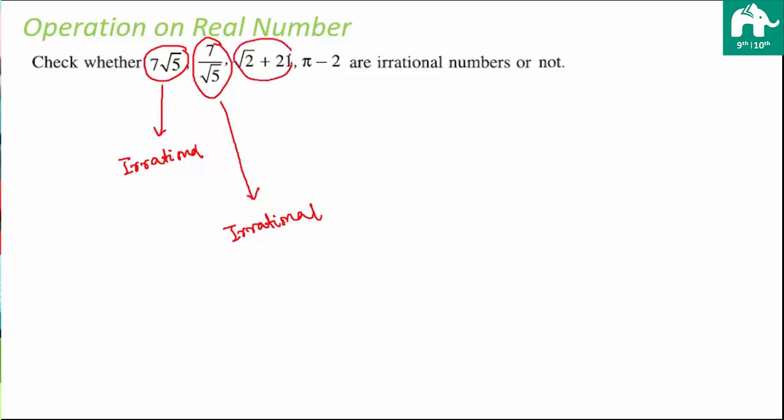Root 2 plus 21, again one irrational plus a rational, so the output will be irrational. Pi minus 2: pi is irrational, 2 is rational, so subtracting one rational from one irrational, the output will be irrational. So all of these are irrational numbers.